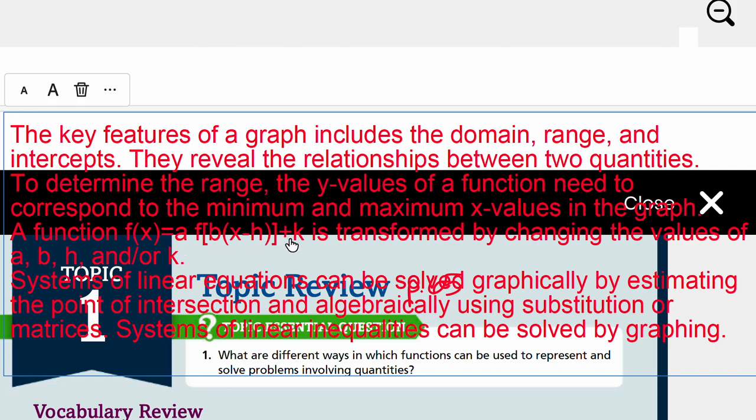Remember? Changing the sign of a or b results in a reflection across one of the axes. Changing the value of a or b results in a horizontal or vertical stretch or compression. So I'm not going to write all of that, but this form should remind you of the transformation.